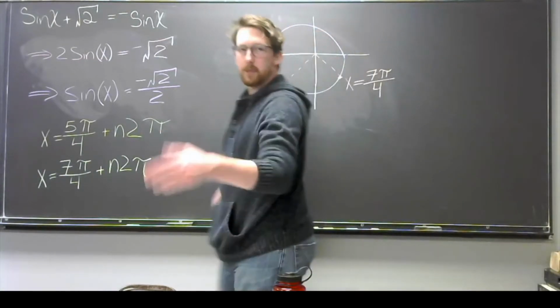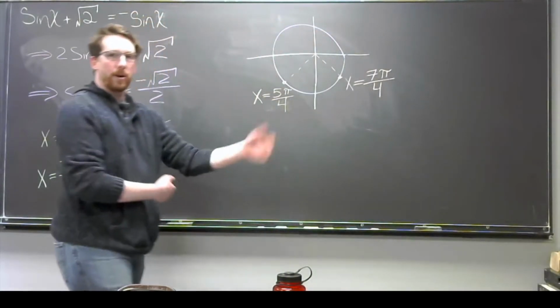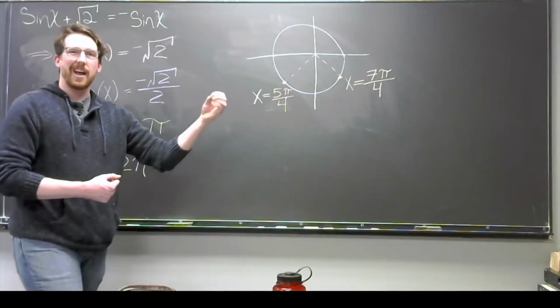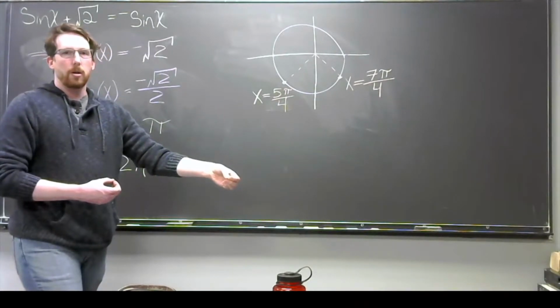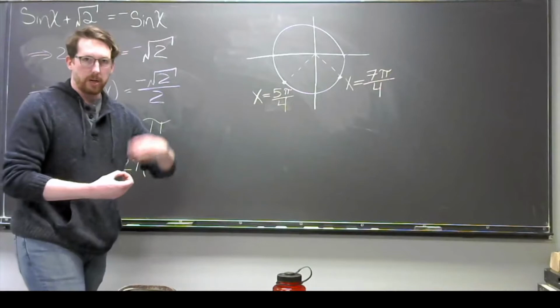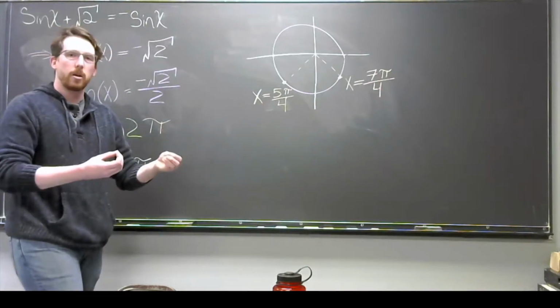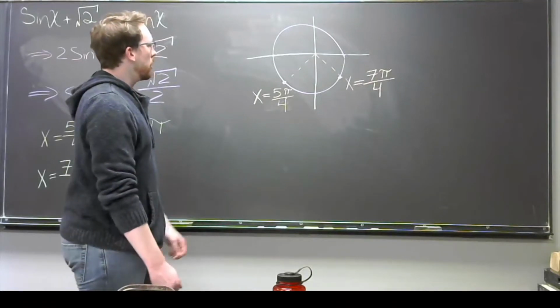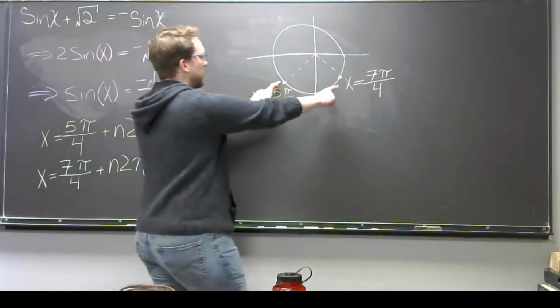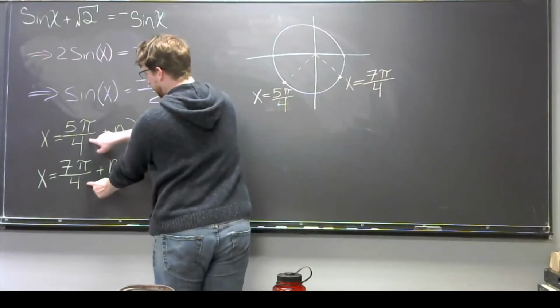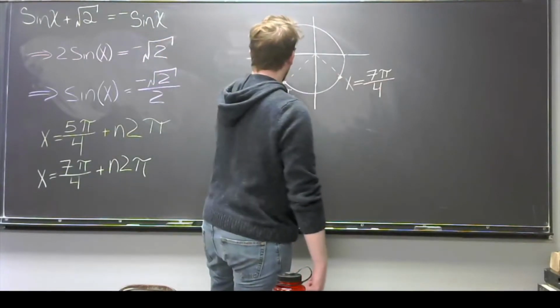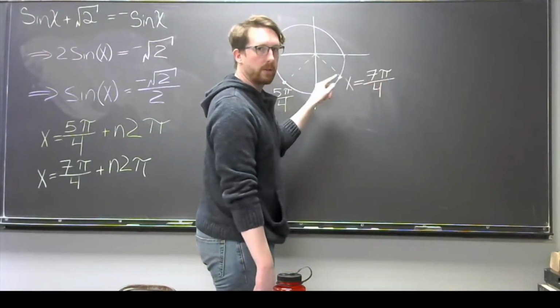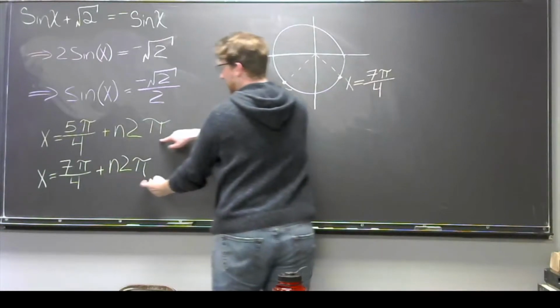It's only because we keep making these rotations over and over again. So we pass through that exact same point every rotation, and n represents the number of cycles we made around. So we have these 2 points, we make n many rotations, and that's what these are telling us.